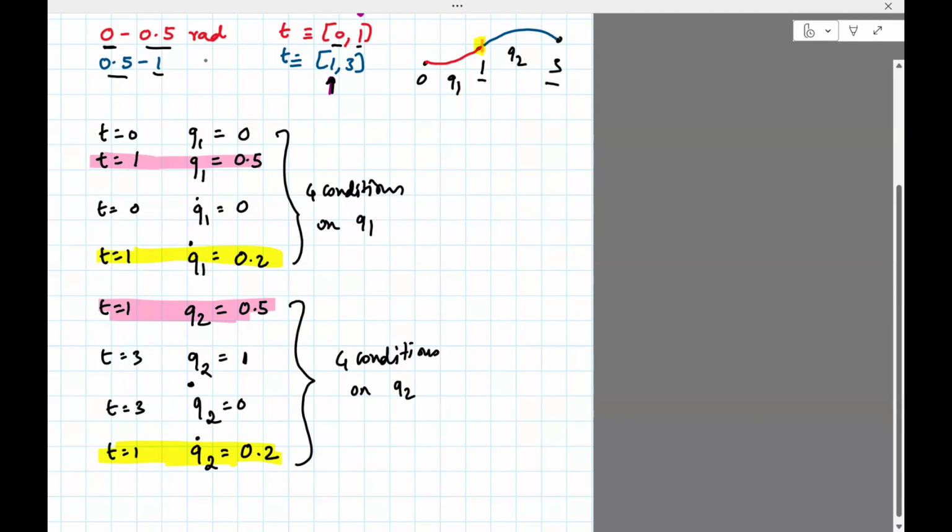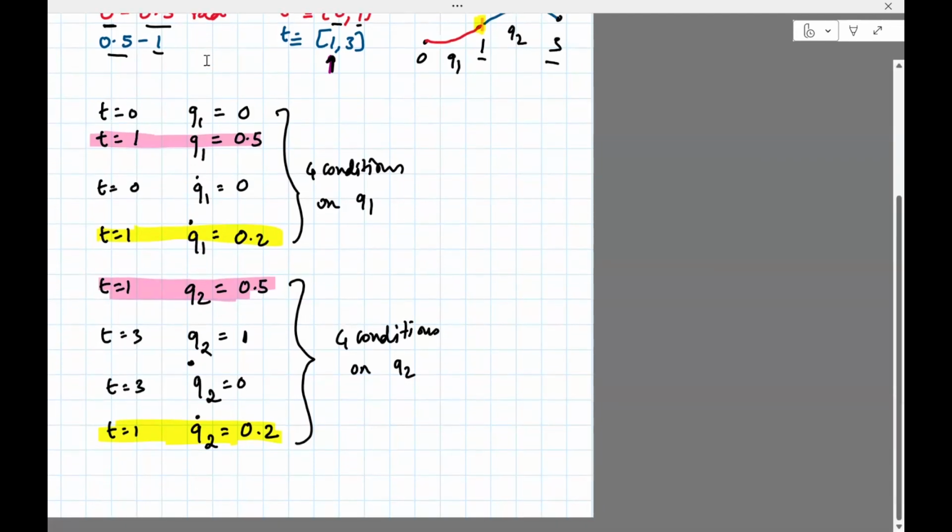So in general, we have 8 conditions. Okay, but we need to write an equation for Q1 and a separate equation for Q2. So what we'll do is we'll assume that for Q1 we'll write essentially a third order equation, so 4 constants for Q1, and do the same thing for Q2.